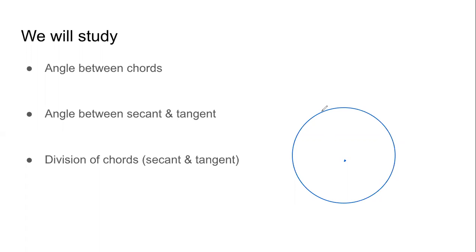Now, just to check if you remember what we are talking about, this line L, this is a special line. What is its name? What is its special name? Yes, its name is L, but it has a special name. What do we call it?